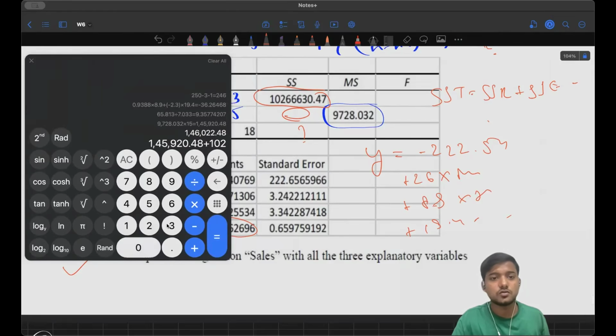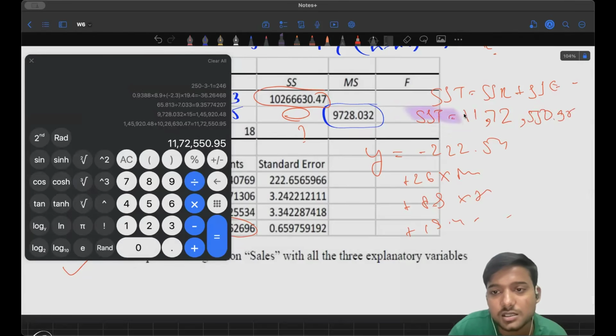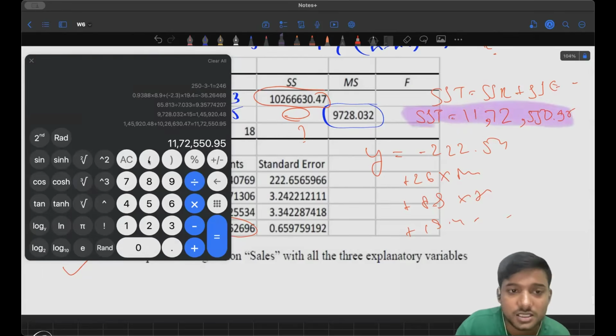So 1026630.47, this thing is supposed to be my sum square total. So I know sum square total is equal to 1172550.95. You also have sum square regression. You can easily calculate your R square.